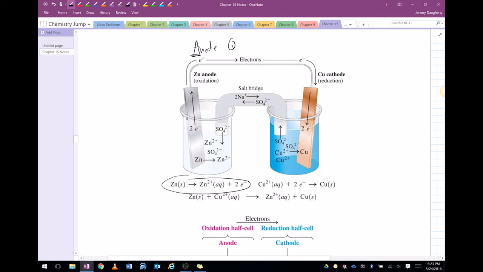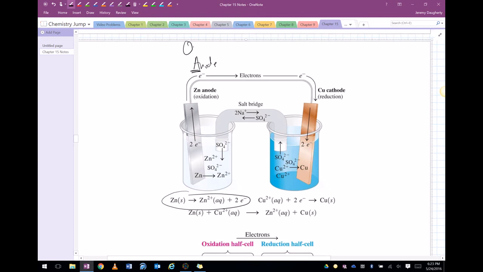Anode and oxidation both start with a vowel. So that's how I always remember what happens in the anode. Now the cathode, which is this other one, has the reduction reaction. So here is zinc going to zinc 2+, which is the oxidation reaction. Here's copper 2+ going to copper, which is the reduction reaction.